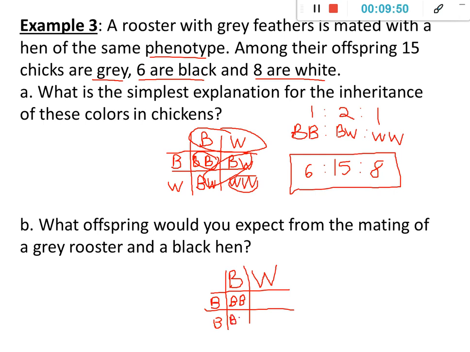So those 2 offspring would be homozygous for black, and then we would have the black and the white traits coming together. And so you would end up with a genotypic ratio of black to gray. There's 2 black to 2 gray. So we would say it's in a 1 to 1 ratio, 2 to 1 if you like.